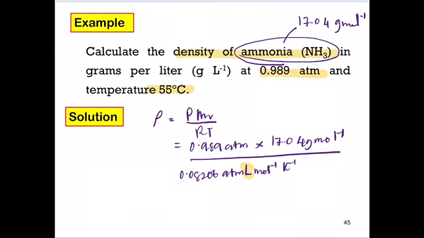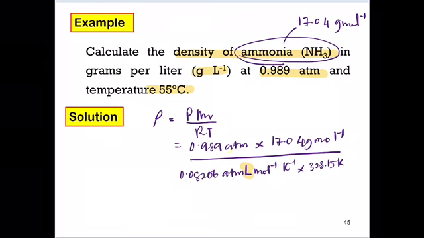Because the question says they want the density in gram per liter. And then multiply with the temperature, 55 degrees C, which is equal to 328.15 Kelvin. Make sure that we change the temperature unit to Kelvin.